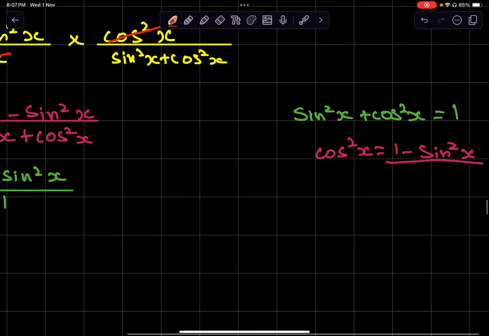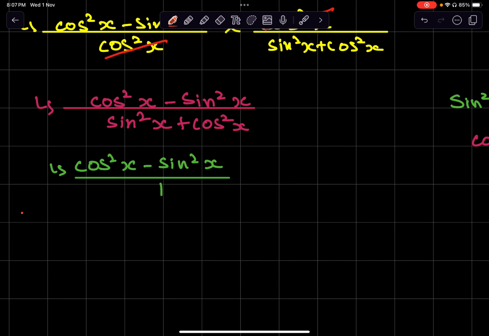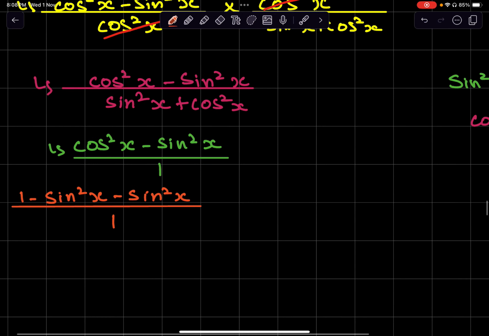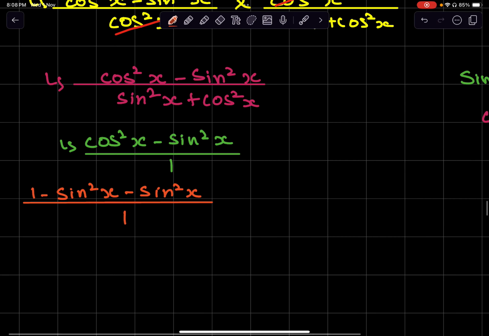So cos square x is 1 minus sine square x. 1 minus sine square x minus sine square x upon 1. You know anything upon 1 would give you the same answer, but for your clear understanding I wrote it as 1. So 1 minus sine square x minus sine square x would give you 1 minus 2 sine square x, and everything divided by 1 would give you the same value.